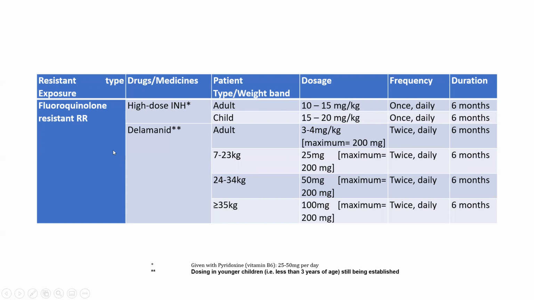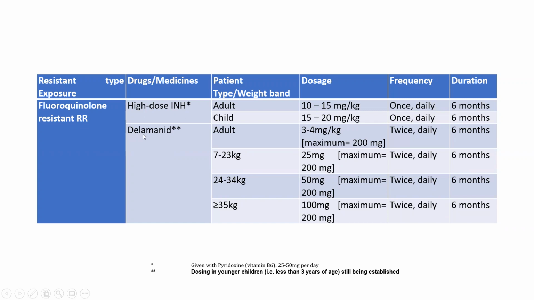And the other option, which we could say is a very expensive option, is delamanid, because delamanid is not easily available like your INH. Mostly it's controlled in the centers of excellence, so it's not easily accessible.